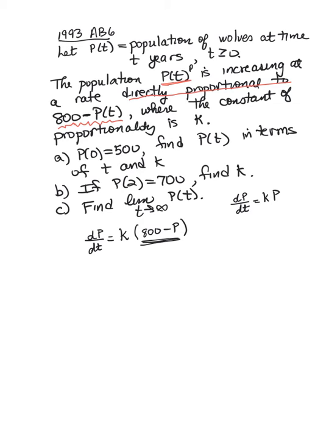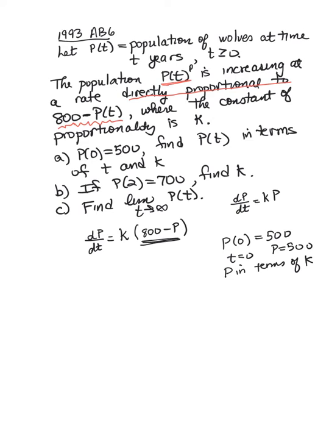So in part A, they say that if P of 0 equals 500, which means that at t equals 0, P is 500, find P in terms of k. So let's just solve this differential equation.